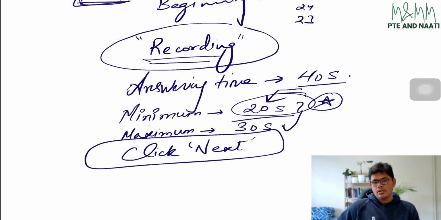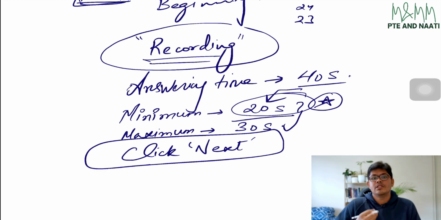Why will I do that? We have to understand one thing. When my answering is done, that means now I am not speaking. When I am not speaking, there is my microphone over here and there is a lot of disturbance around me, because everyone sitting around me is also doing the speaking test. They are all loud. Their voice is getting recorded in my microphone as background disturbance, which will reduce my score, because the computer will not be able to catch what is going on in the background clearly.